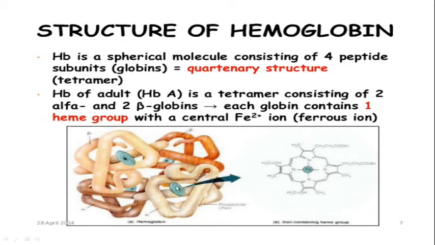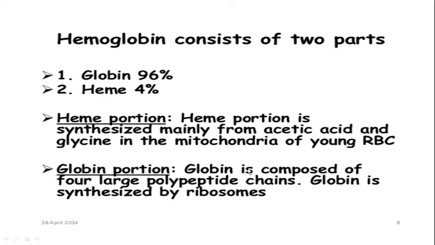This is basically the hydrophobic end of the globins, which is inside and around the center of the quaternary structure. Hemoglobin constitutes 96% globin and 4% heme.